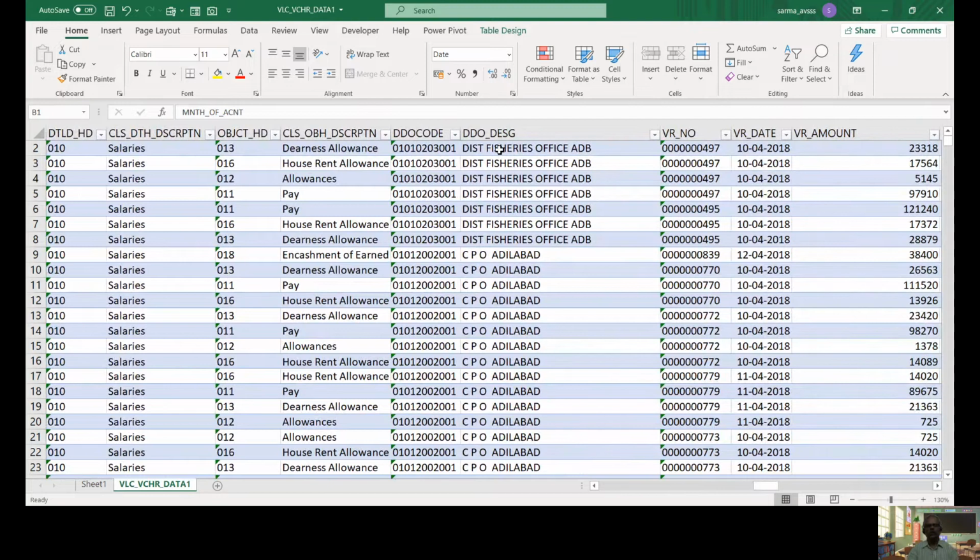We all know that government expenditure is met by the DDO, who is responsible to withdraw the money from the government exchequer and spend. And this DDO will always spend the amount against a classification.